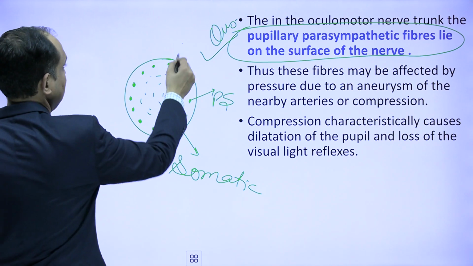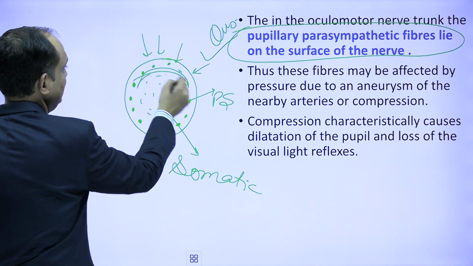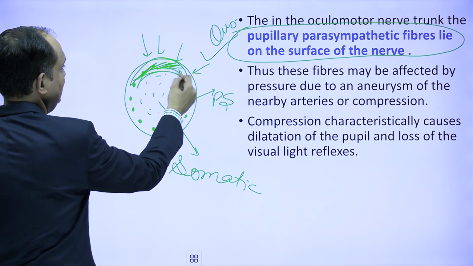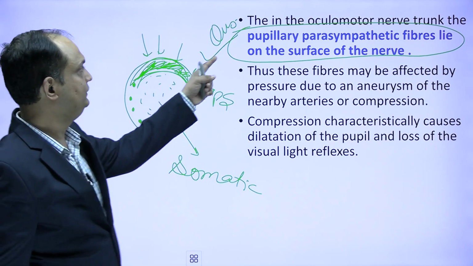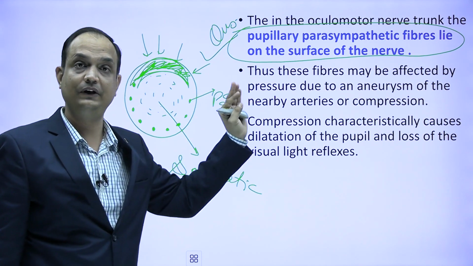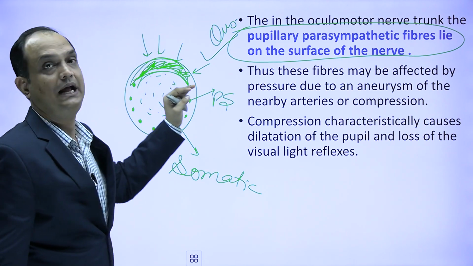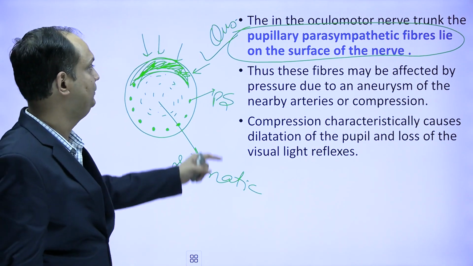So, whenever external pressure occurs on the nerve, these fibers which are parasympathetic in nature and present in the periphery of the nerve will be affected first. Because of this, the pupillary parasympathetic fibers which lie on the surface will get compressed, and it will lead to dilatation or loss of the constriction of the pupil.